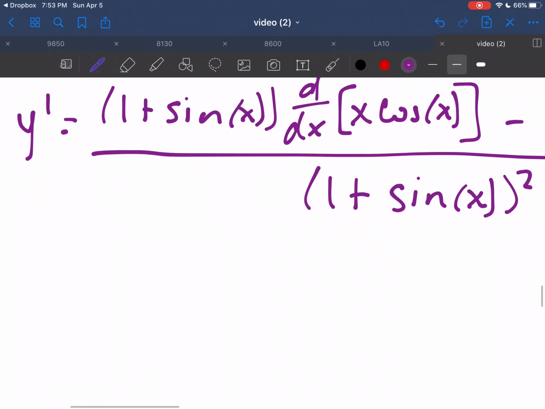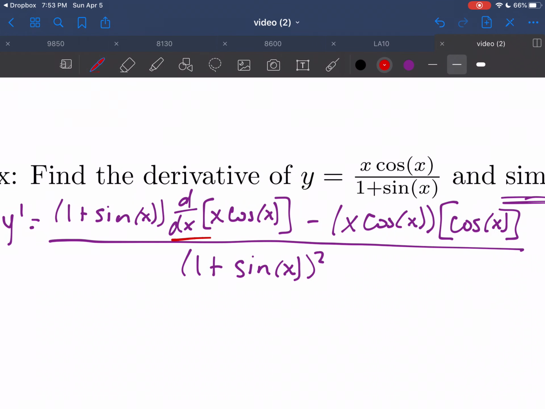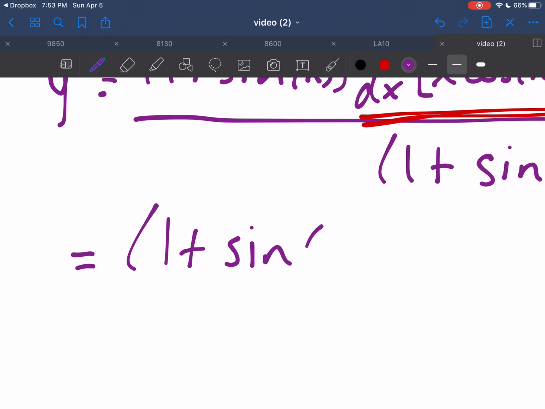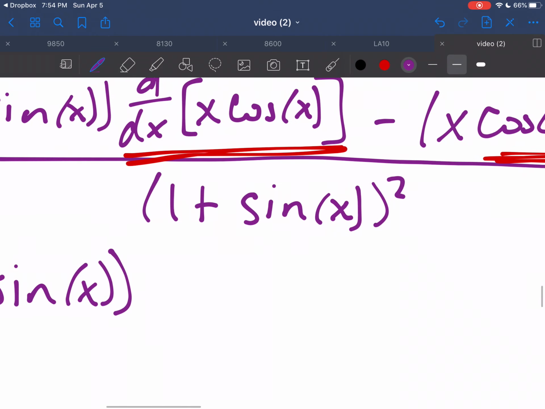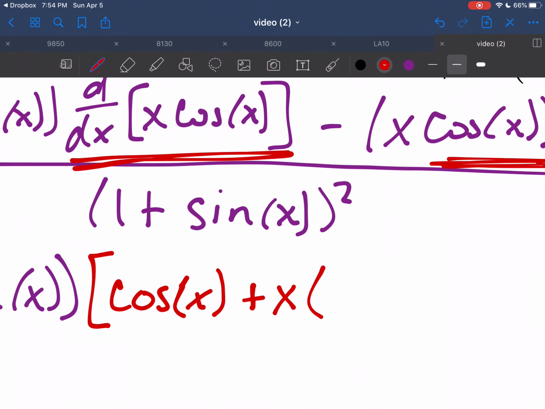All right, so then we can take and rewrite it. So the only thing we'll really have to do in this case is this derivative, which we'll have to use the product rule for. And then we can just rewrite this as a cosine squared. So we end up with 1 plus sine of x times our product rule here. So derivative of x is just 1 times cosine of x plus x times the derivative of cosine, which is just negative sine of x.